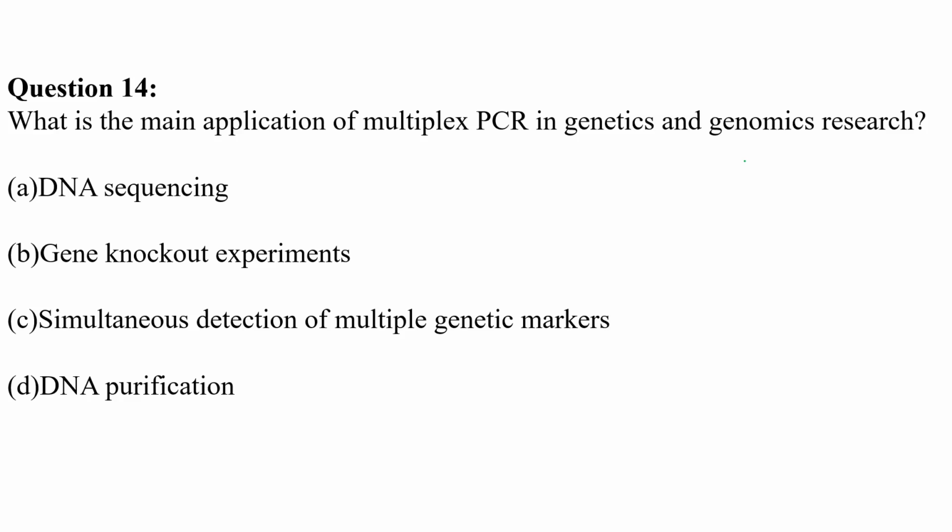Question number 14. What is the main application of multiplex PCR in genetics and genomics research? Option A, DNA sequencing. Option B, gene knockout. Option C, simultaneous detection of multiple genetic markers. And option D, DNA purification. What is the main application of multiplex PCR in genetics and genomics research?